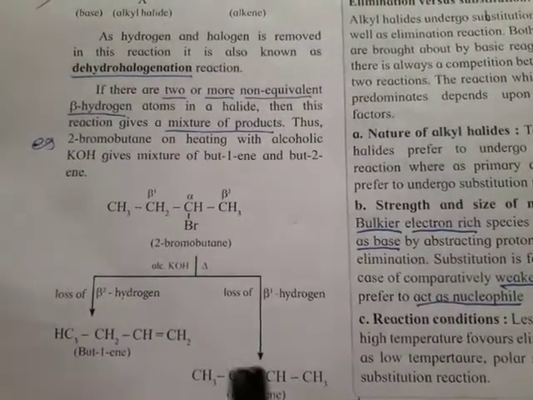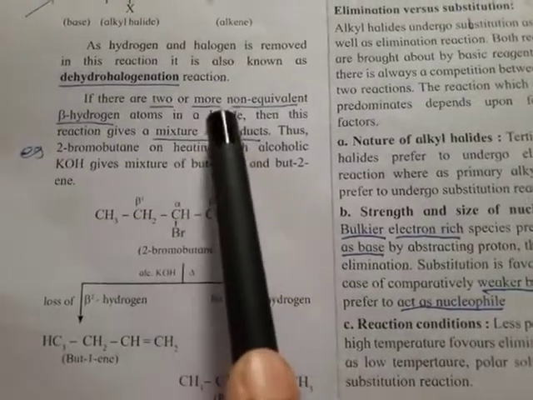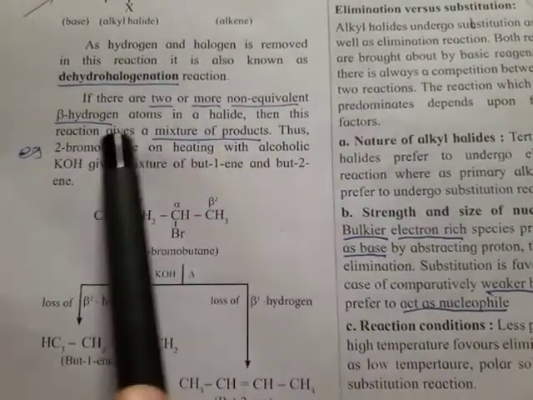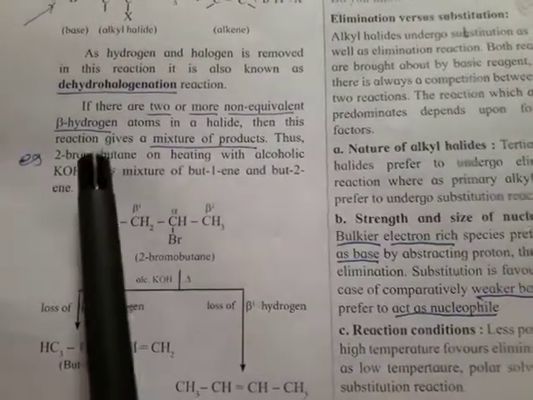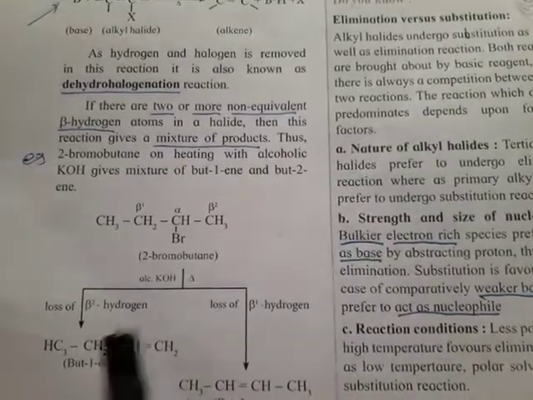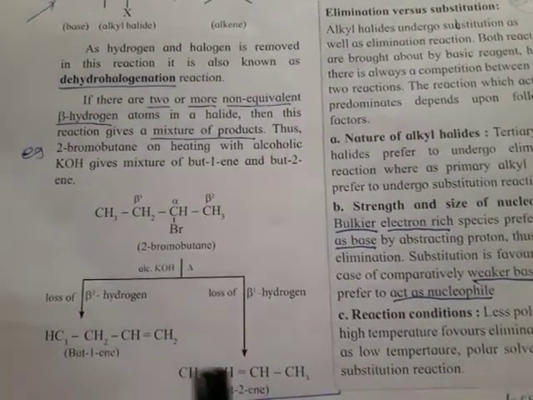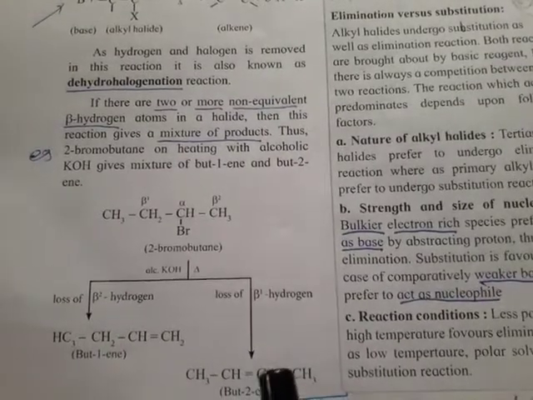So we get two products. That is what they have mentioned here: if there are two or more non-equivalent beta hydrogen atoms in a halide, then this reaction gives a mixture of products, one of which is major and the other minor.